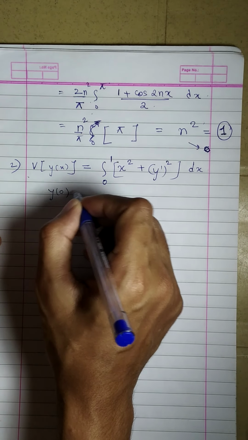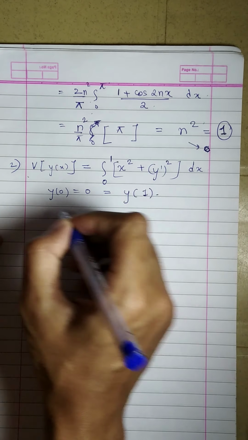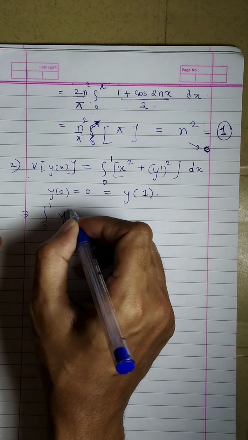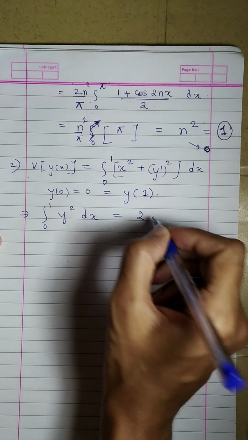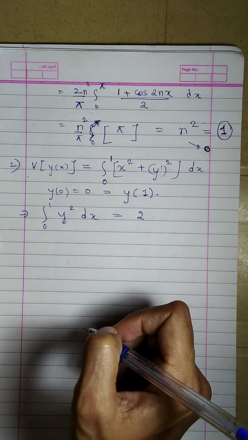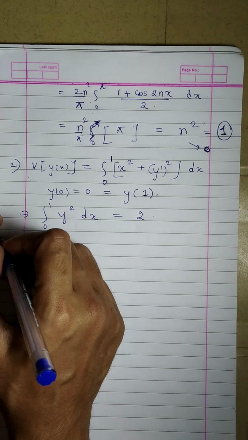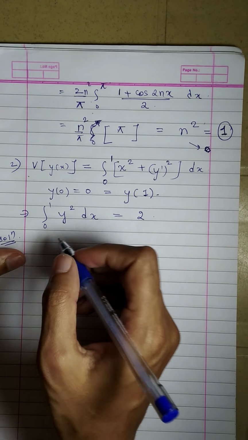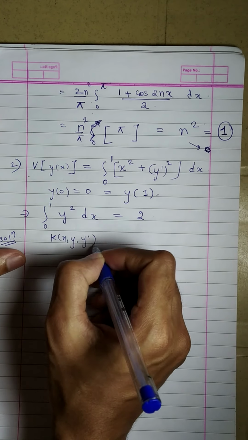With y at 0 equal to 0 and y at 1 also equal to 0, such that the integral from 0 to 1 of y square dx is equal to 2. So let us consider K(x, y, y dash).